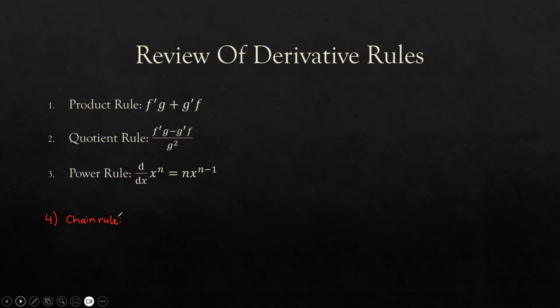The chain rule is f prime of g of x times g prime of x. So yeah, we need these rules to do the problems. Okay, go ahead and pause and copy. Let's start doing problems.